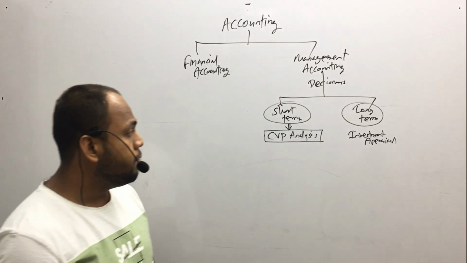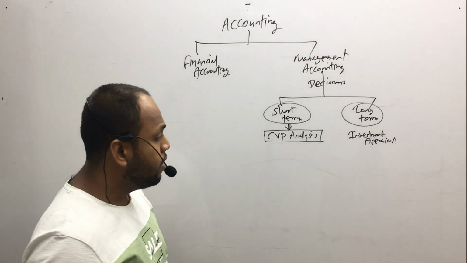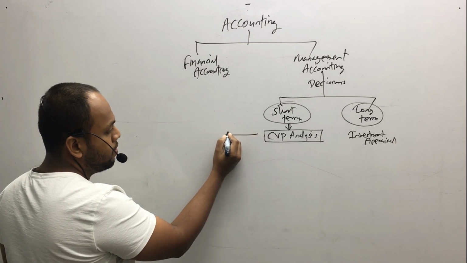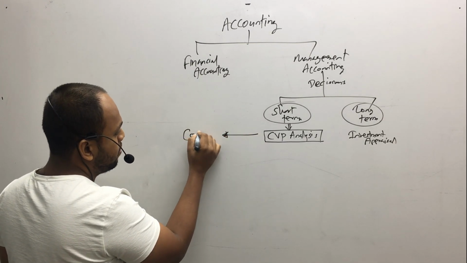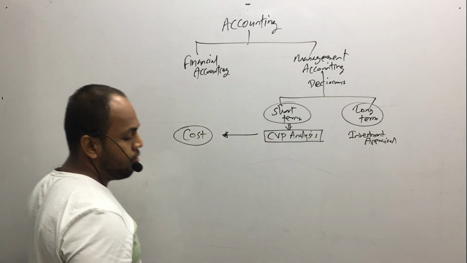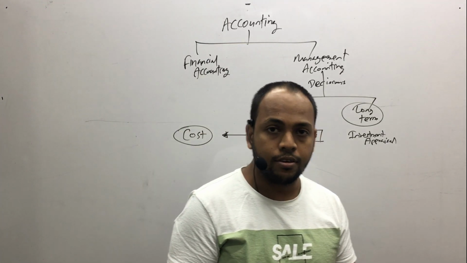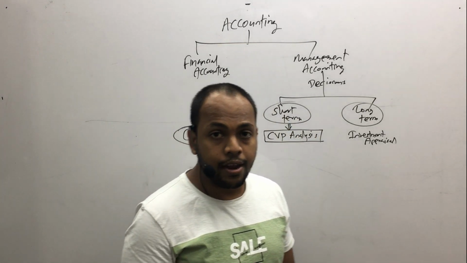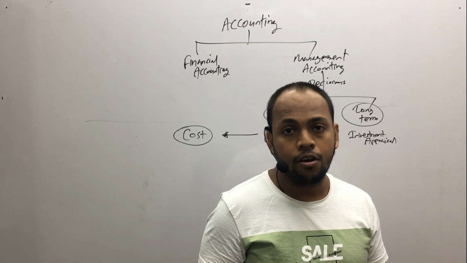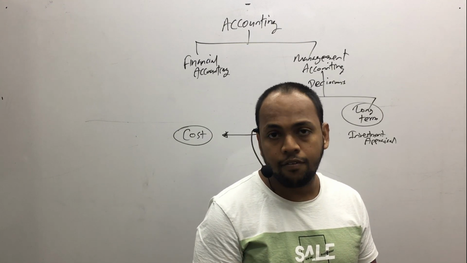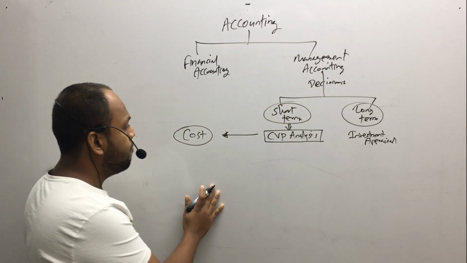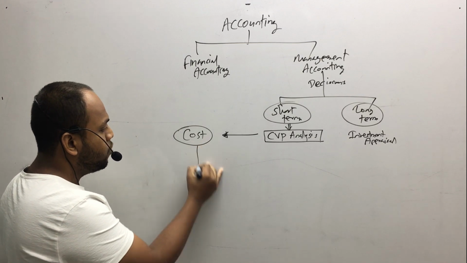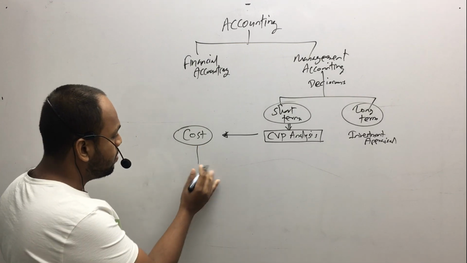So under CVP analysis, first we will talk about the cost. What is meant by a cost? We need to understand the definition of cost and the types of cost. Here we talk about two main costs based on the behavior.